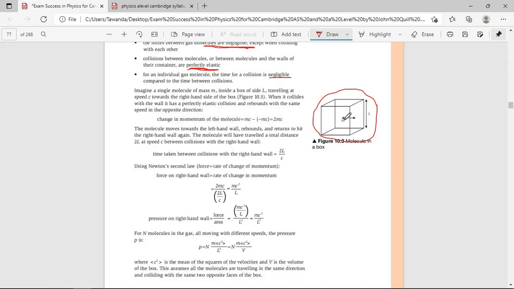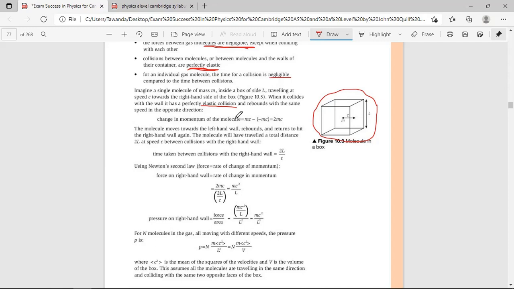That particle of mass m is traveling with speed c to this side. When it collides with the wall, it has a perfectly elastic collision like what we've highlighted, and rebounds with that same speed. When it hits the wall, it is going to rebound with that same speed.